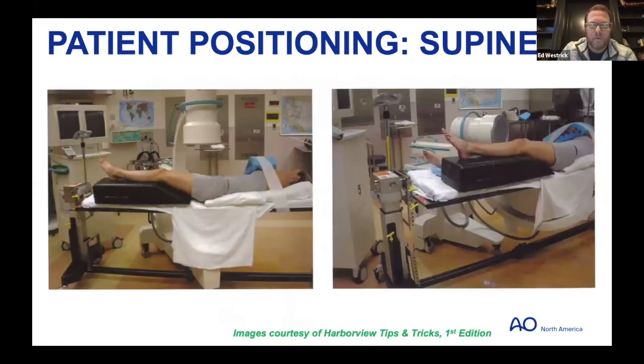This is just a picture of this setup. And here you can see there's a bump under the flank to elevate the hip. The ipsilateral upper extremity is brought over the chest, and that's important that it's not brought across the abdomen. It's brought across the chest, and that allows unencumbered access to the buttock and the entry portal.